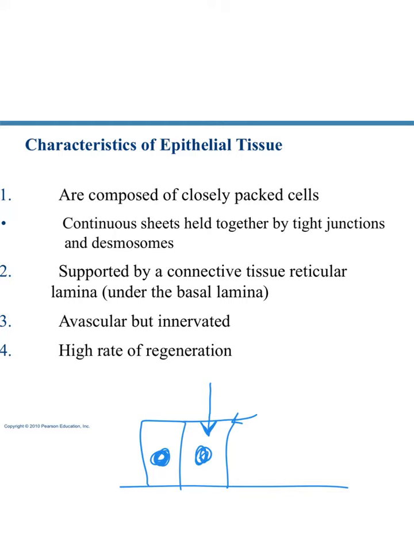You do not want things to be able to squeeze between adjacent cells. So we have 2 different things that help with this. You have tight junctions, which help keep the cells attached to the basal surface. They also keep the cells very close together, so nothing can squeeze through.